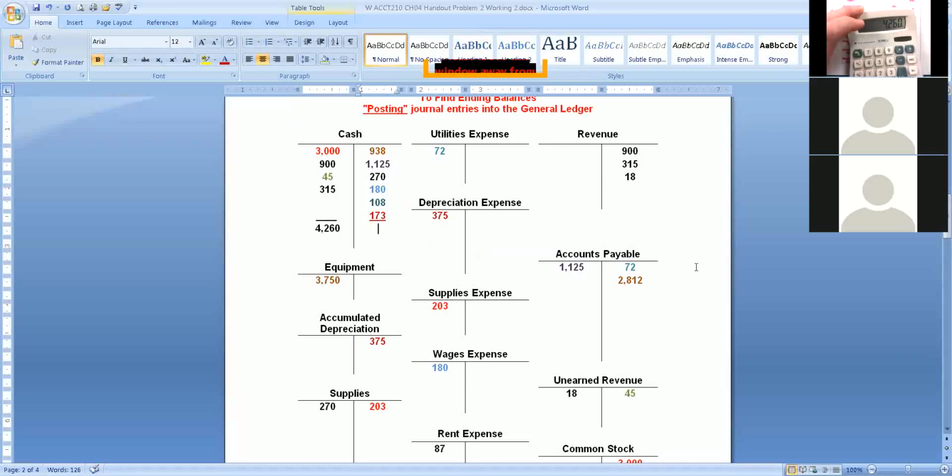And we're going to do the same thing on the credit side. $27.94.